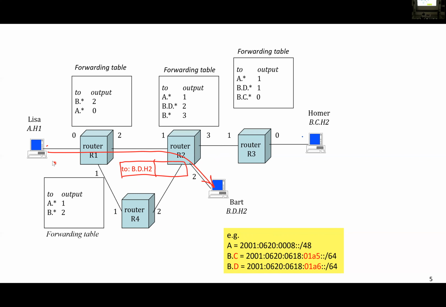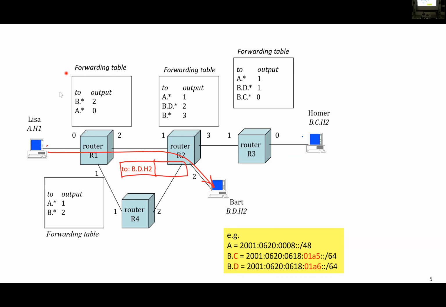So in order to make it simpler, I used shortcuts for addresses. With IPv6, addresses are long things like this, so it's a bit complicated to reason about it. But imagine that A is a prefix. A prefix /48 means it's a prefix of length 48. It's a string of 48 bits here.